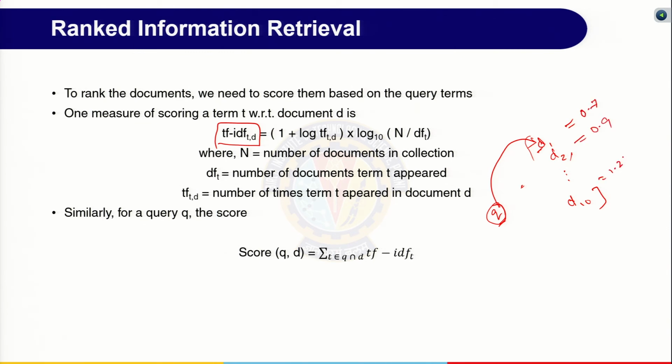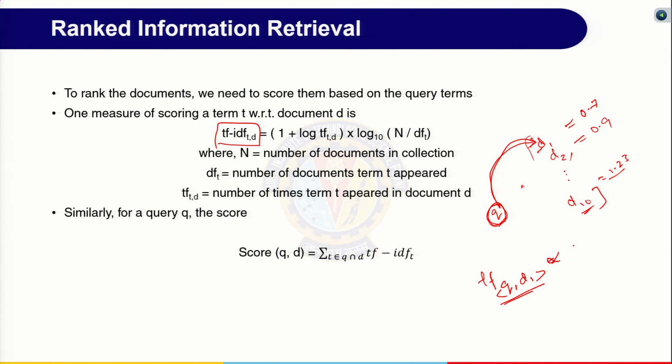I'll assign some score for each document, saying how often or how frequently these words are seen in that document. So what I calculate is a score for the query and the document pair. For every query document pair, I calculate a score.